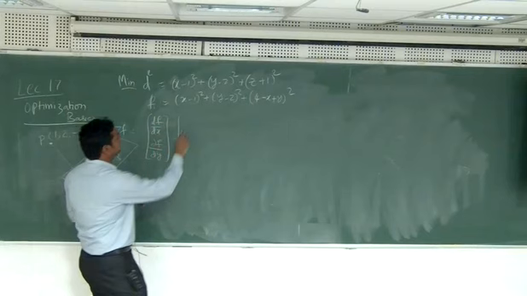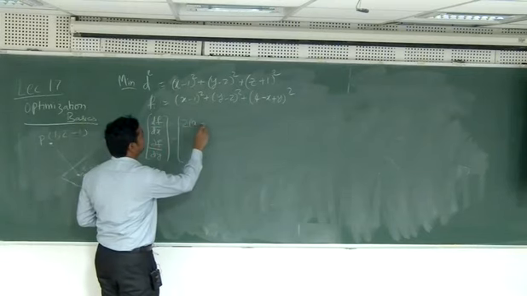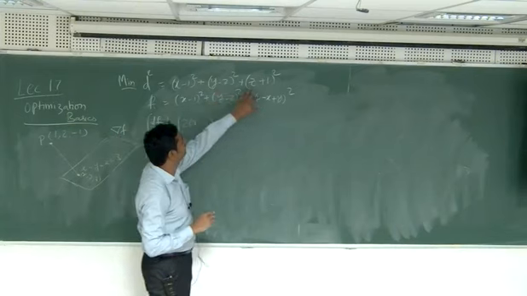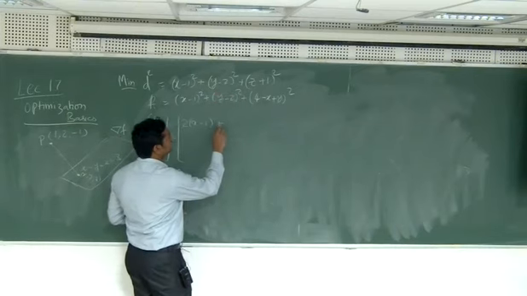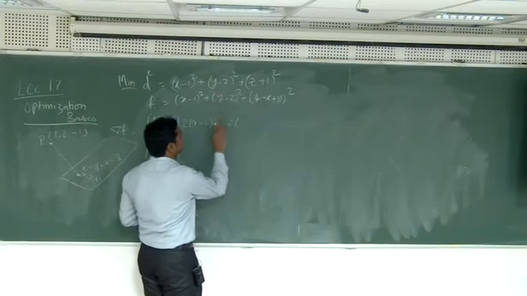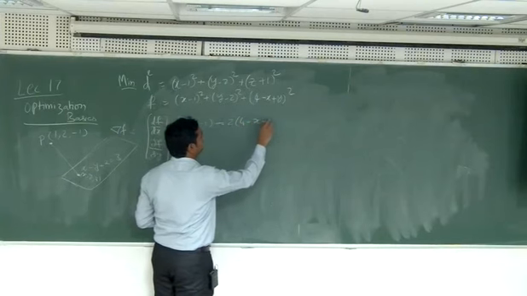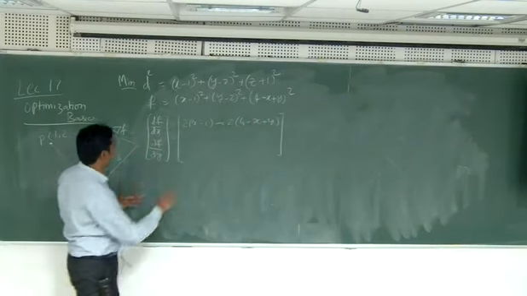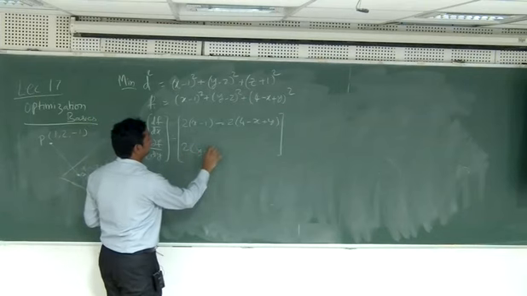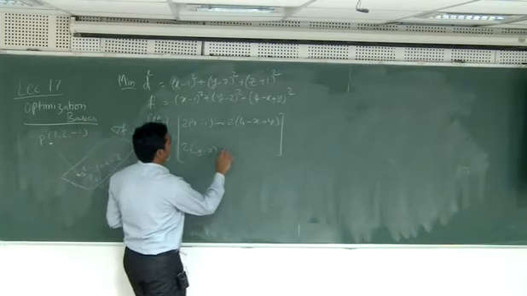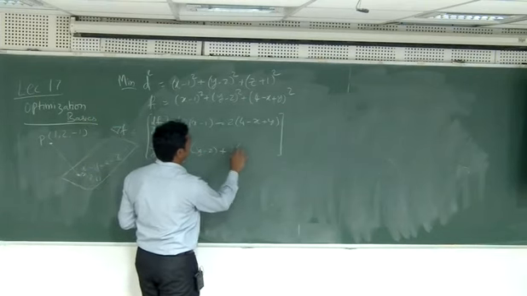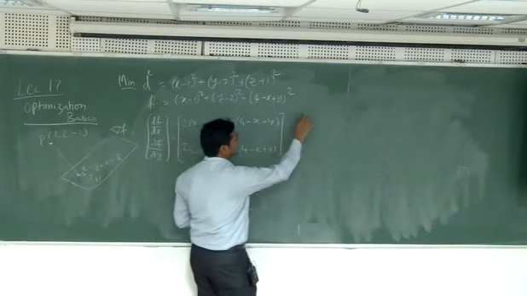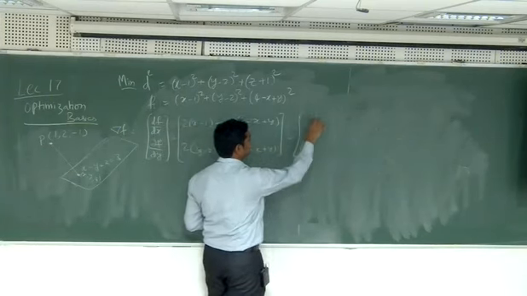So 2 into x minus 1, this is constant, and here I will get minus 2 into 4 minus x plus y. And for the other one, it will be 2 into y minus 2 plus 2 into 4 minus x plus y. So these two should be zeros.